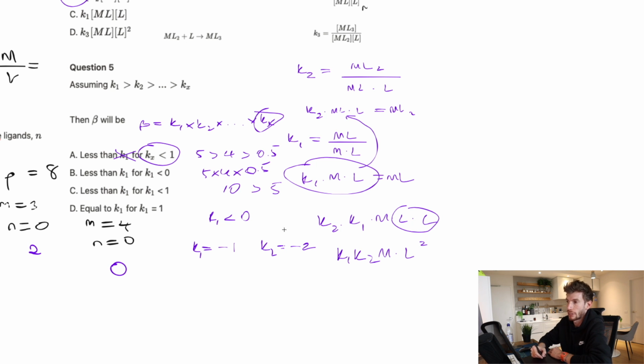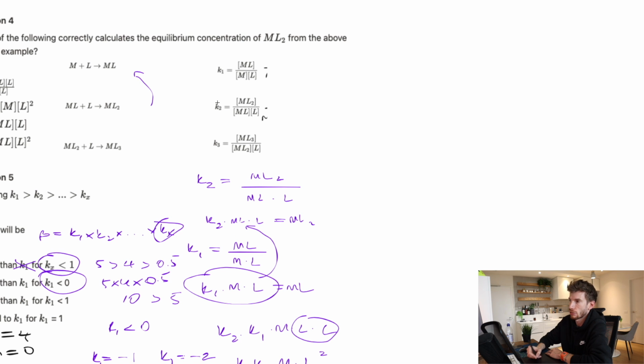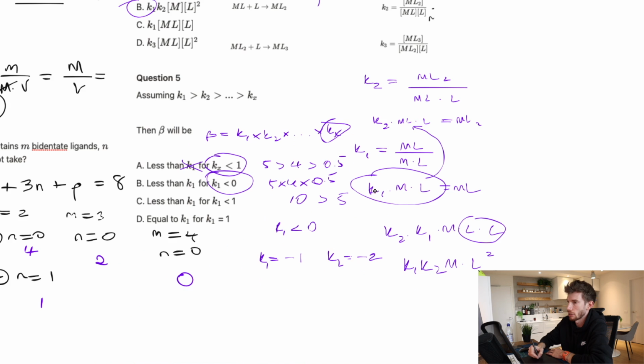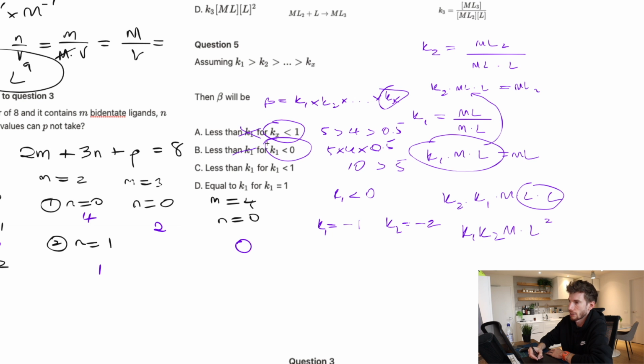So you might start to overthink that and be like, well, it depends on what X is, how many there are. The other thing is though, keep in mind, it's almost a trick answer. K can't be negative, because think about what K is. It's hinted at in the stem. K is just a ratio of concentrations. Concentrations can't be negative, so you'll never get a negative ratio. So that one is just false altogether.